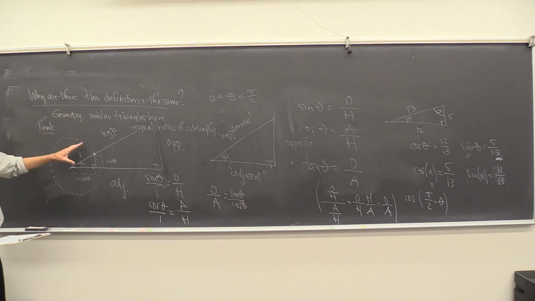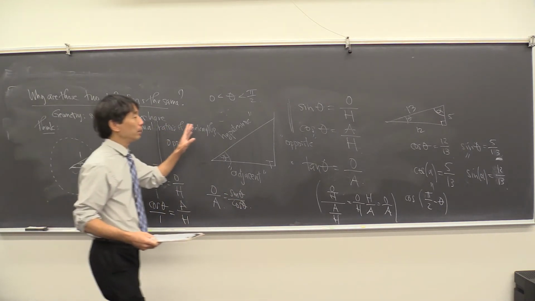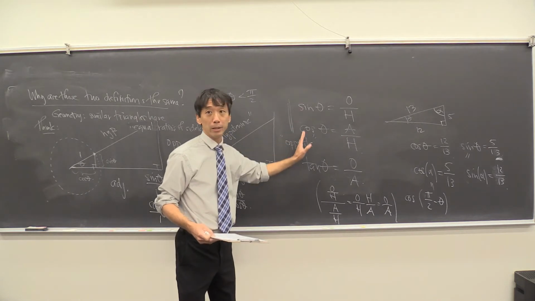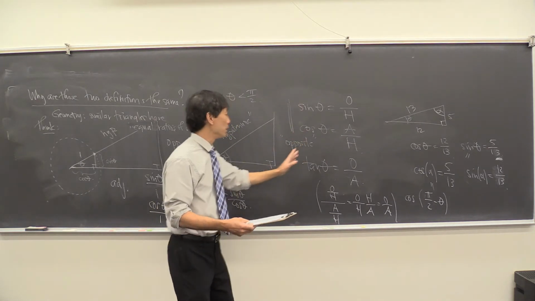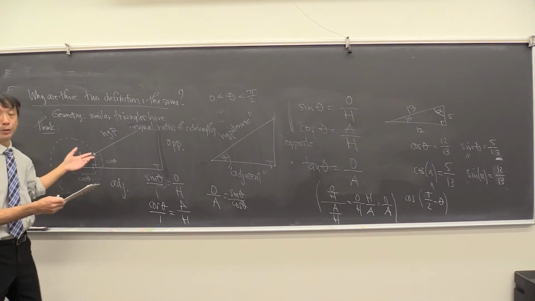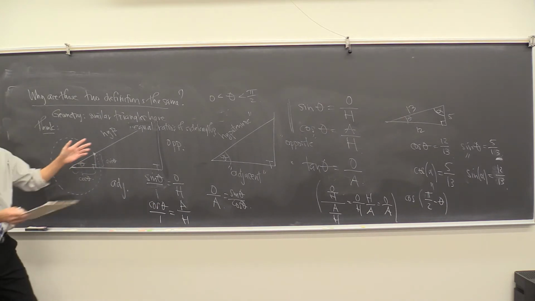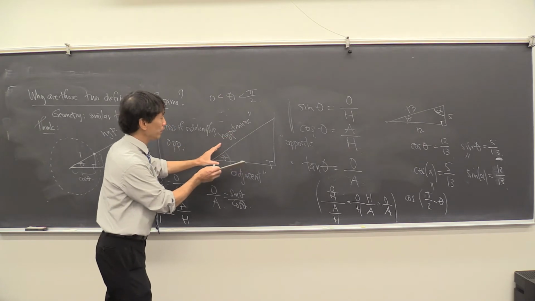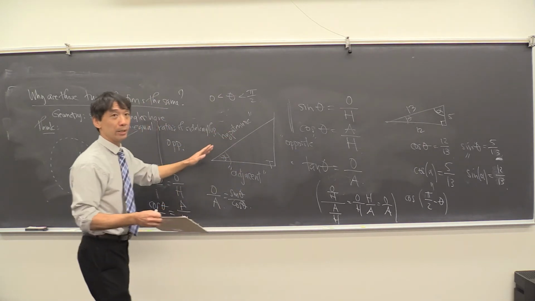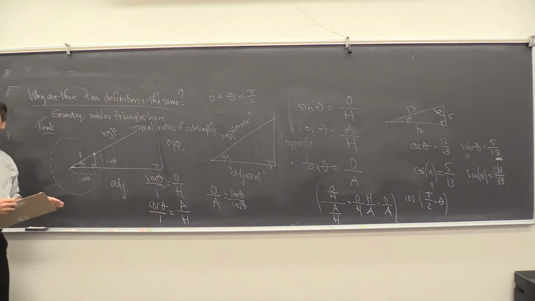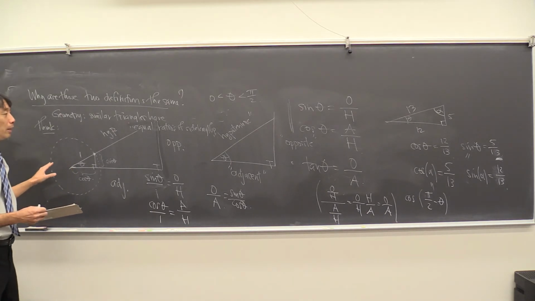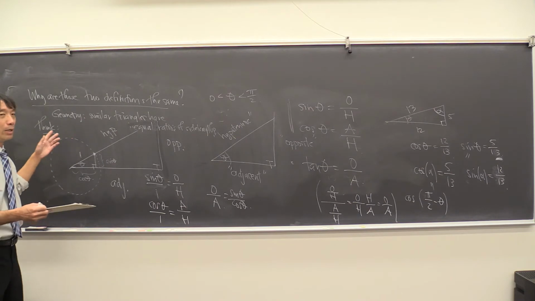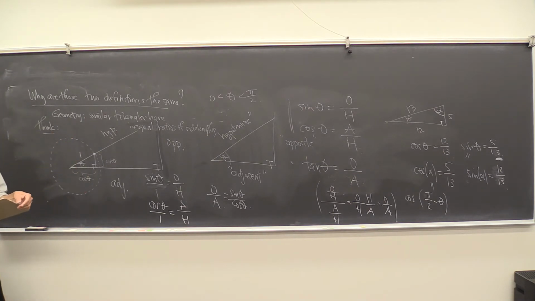So you see that this way of defining the trigonometric functions matches up with our true definition. This restricted definition, just for angles between 0 and 90, works out. It's the same thing, and it'll be useful in what we're talking about today.